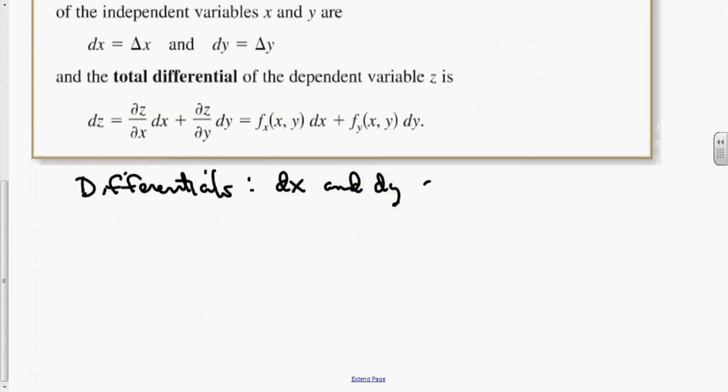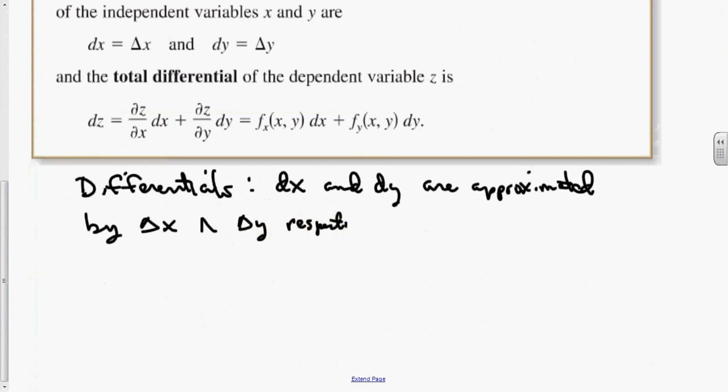So dx and dy are approximated by delta x and delta y respectively. That is, the delta x tries to approximate dx, and delta y tries to approximate dy.